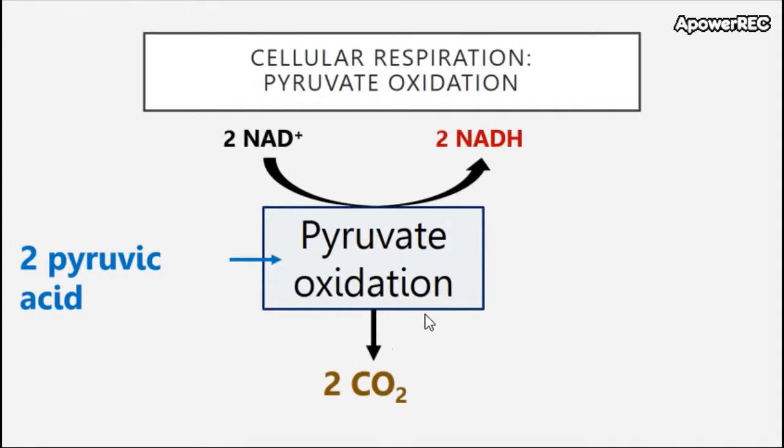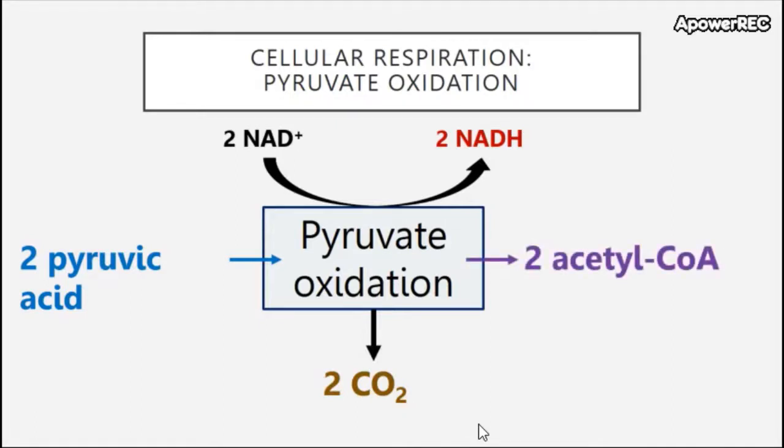Remember, the term oxidation means that you're increasing the amount of oxygens that are attached to it, or in some cases you're removing electrons. So here we can see that for each pyruvic acid that goes through, we create 1 carbon dioxide for a total of 2 carbon dioxides.